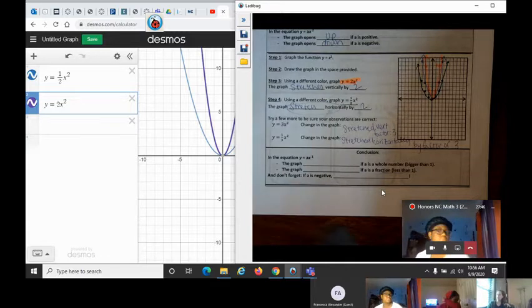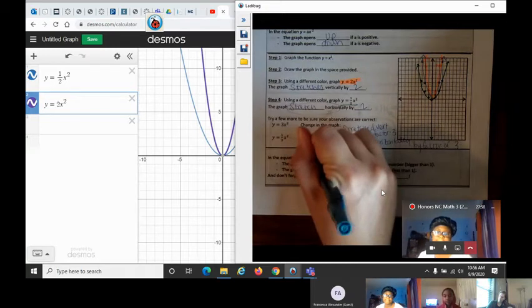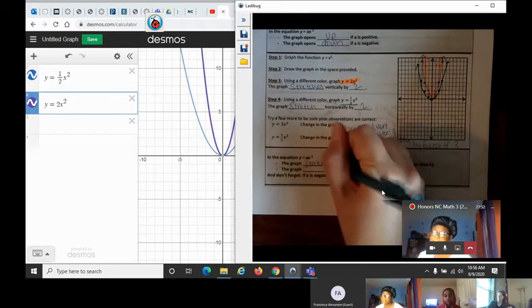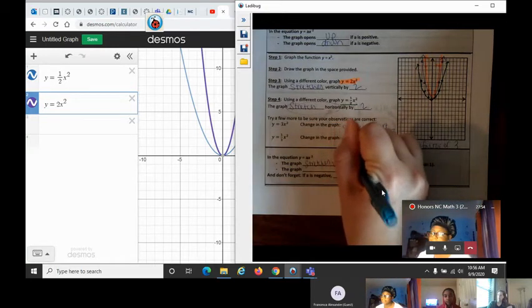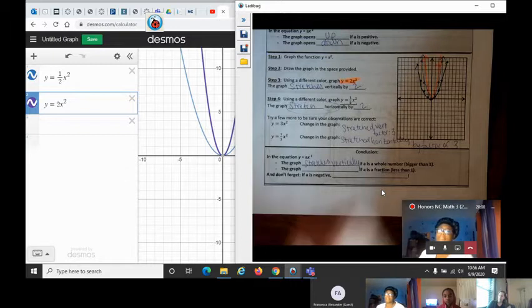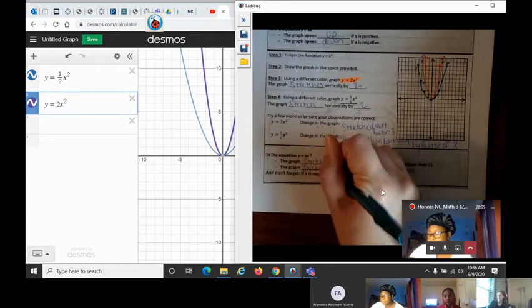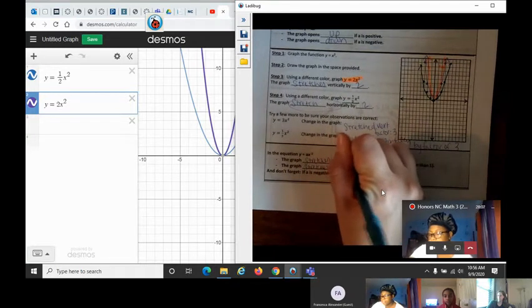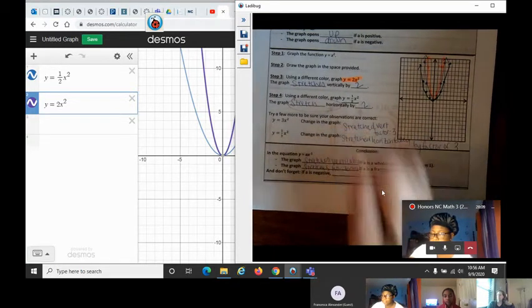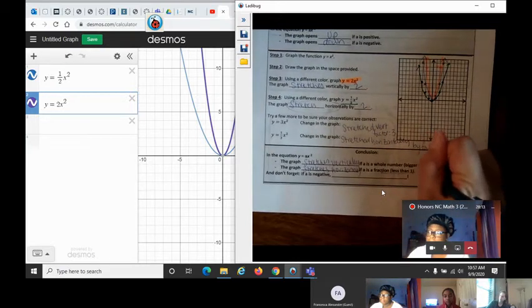Okay, so the graph stretches vertically if it's a whole number, so something bigger than 1. And it stretches horizontally if it's a fraction, something less than 1, but it does have to be bigger than 0.